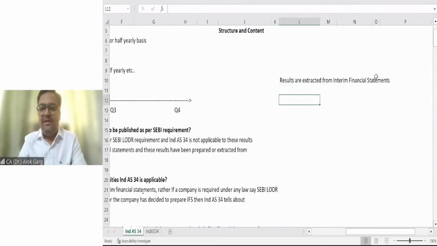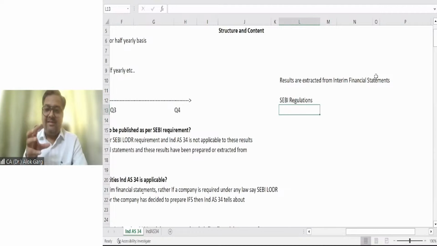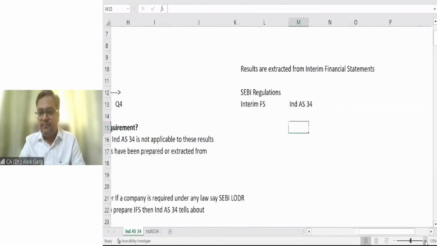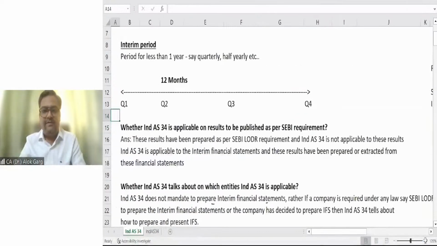So on results, Ind AS 34 is not applicable. Results are prepared as per the SEBI regulations. Okay, but these results are extracted from the interim financial statement, and on those interim financial statements, Ind AS 34 is applicable, right? Is that clear, friends?